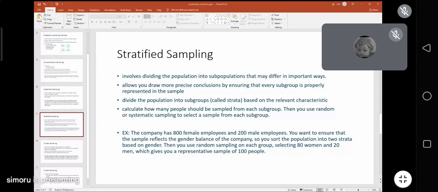To use this sampling method, you divide the population into subgroups, called strata, based on their relevant characteristics. They must have the same quality.